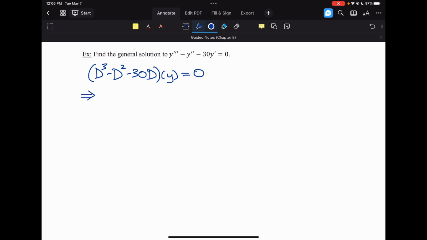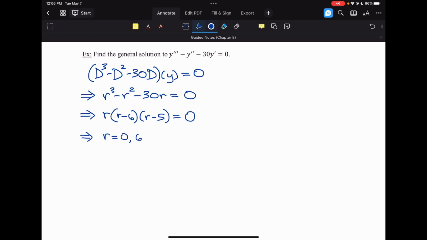Now we'll translate that into the auxiliary equation. That's going to be r cubed minus r squared minus 30r equals 0. Factor out an r. That leaves us with r squared minus r minus 30, which does factor as r minus 6 and r plus 5. So we get r is 0, 6, and -5.